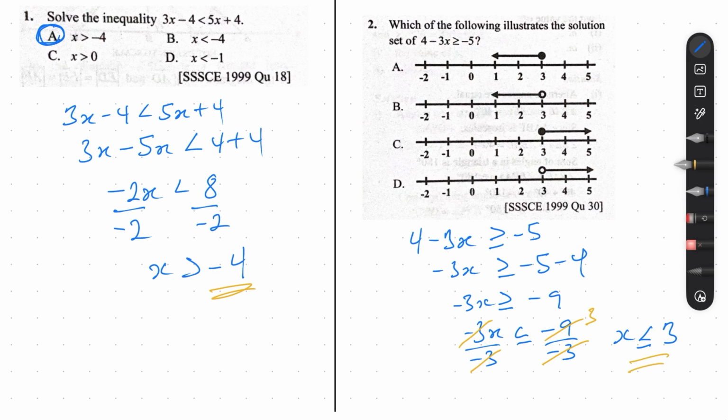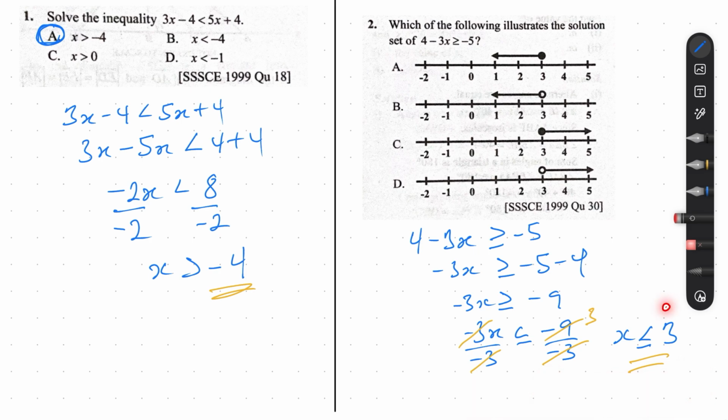So now, which of the number lines here shows this, x less than or equal to 3? Less than or equal to means what? 3 is inclusive, and then x is less than this, so that means all the numbers less than 3 downwards, so that will be 3, 2, 1, 0 downwards until negative infinity, right?